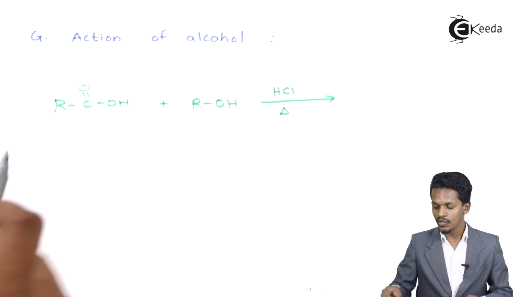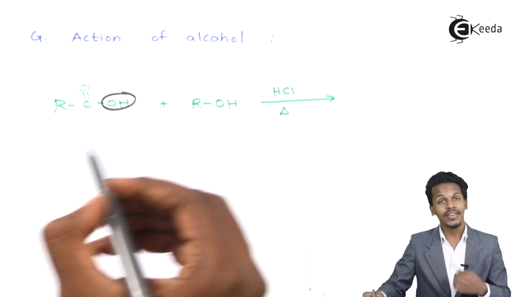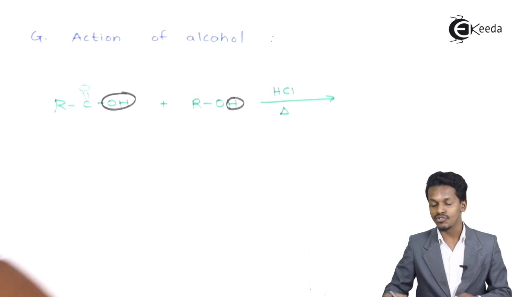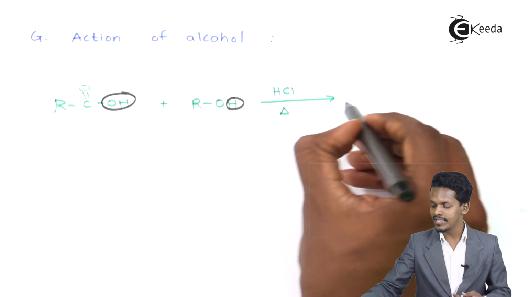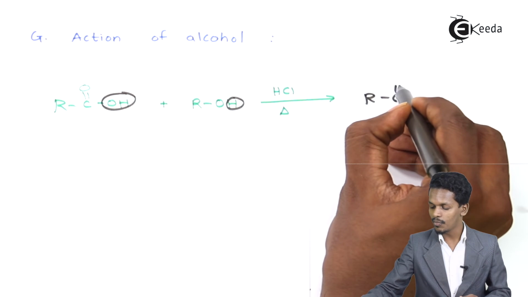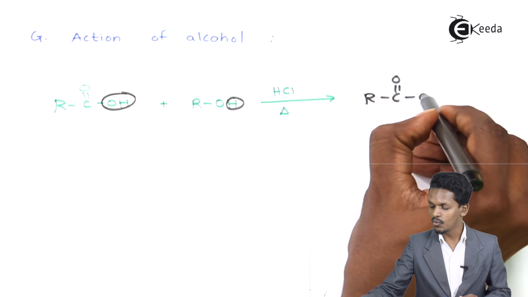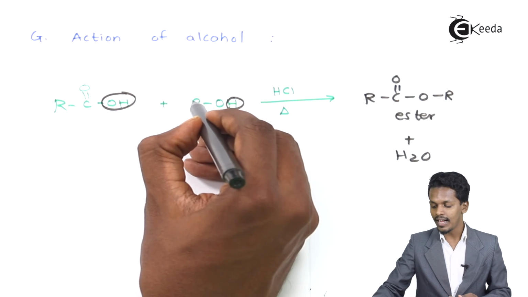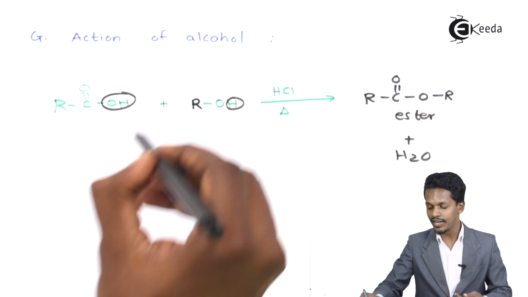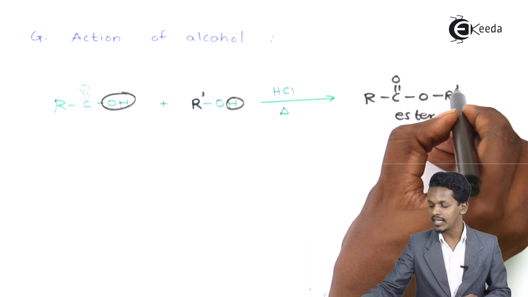The OH of the carboxylic acid moves along with the H of the alcohol as H2O as a byproduct, and the product we obtain is RC=OOR, that is nothing but an ester. But this R group, or alkyl group, can be different also, so that is the reason I am representing it with R dash.